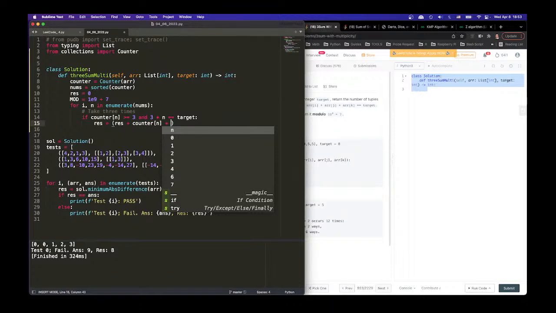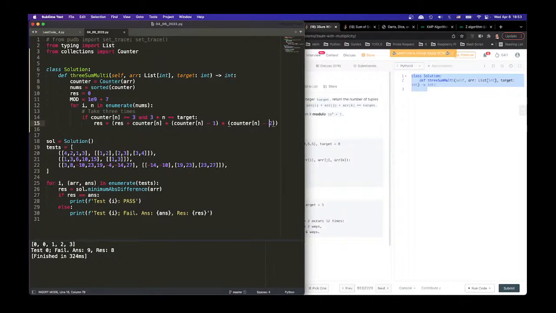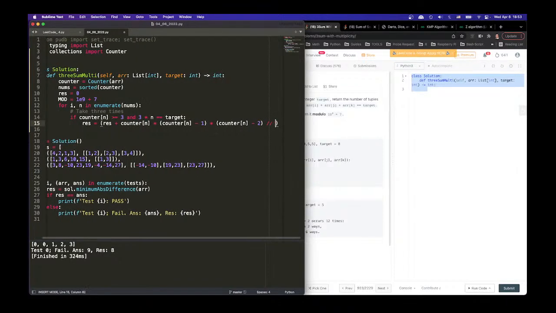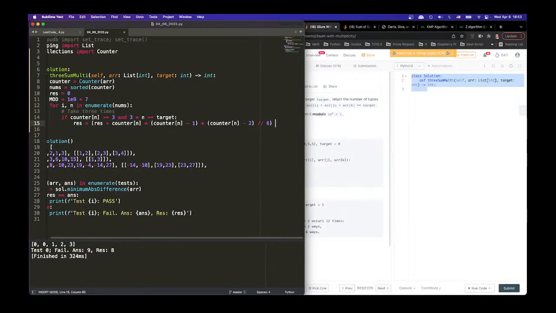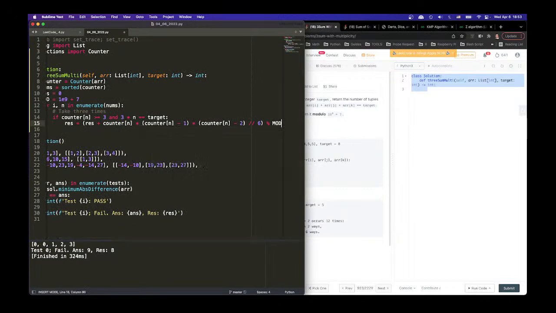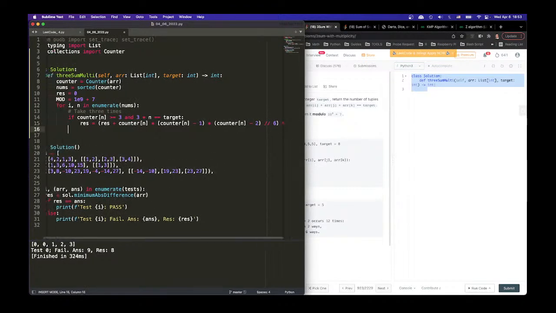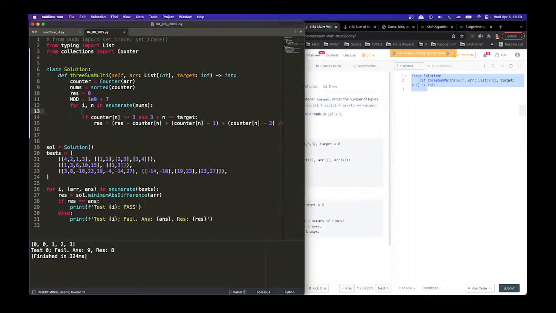So this will be this times this minus 1, times this minus 2, divided by 6. So rest equals rest plus this, mod. We know what this is doing.